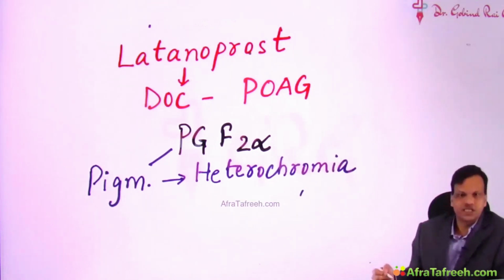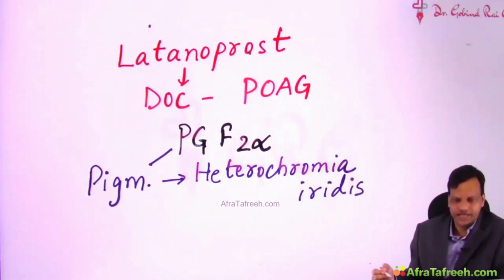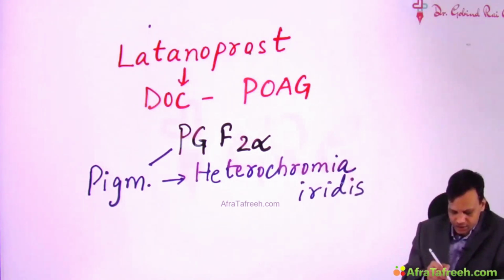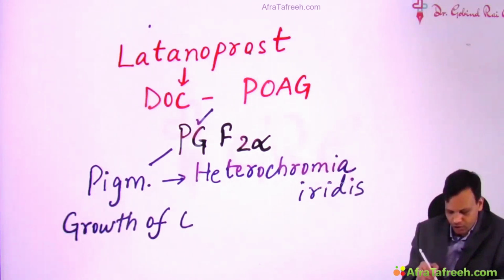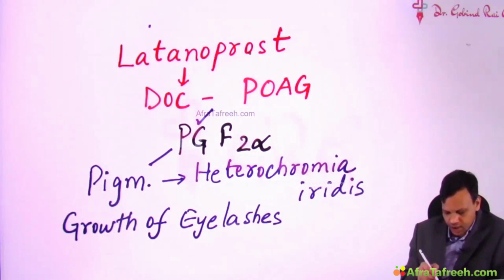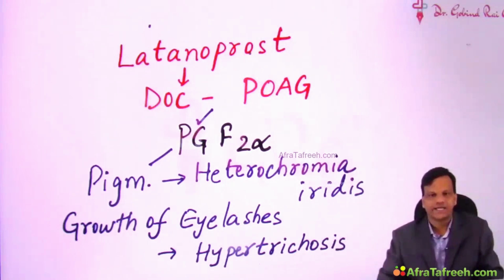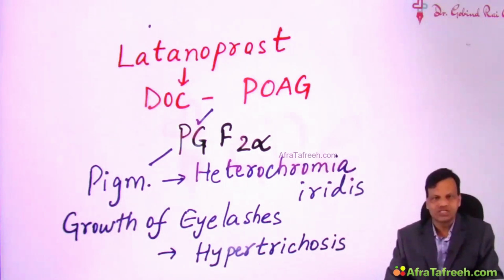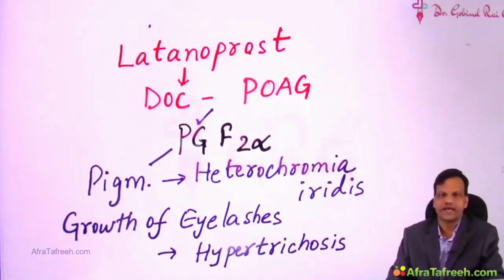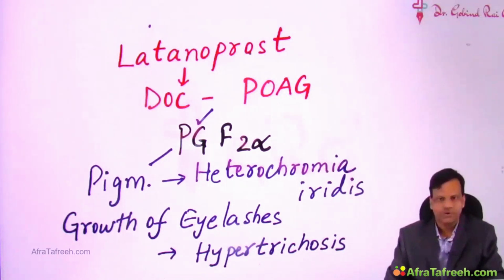And then it causes G, meaning growth of eyelashes, which is called hypertrichosis. So heterochromia iridis and hypertrichosis are the adverse effects of latanoprost. So these are the important points regarding the prostaglandins.